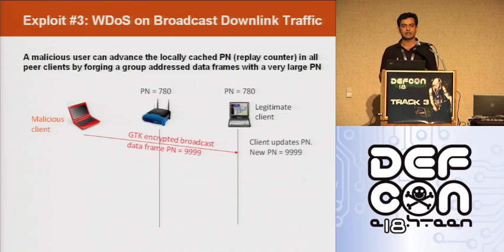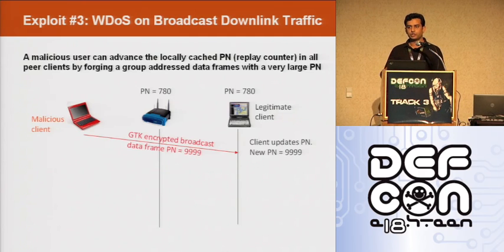At this point, the attacker is injecting a packet, because the attacker knows the GTK. He can create his broadcast frame and put any number of his choice. So he's going to put a number, let's say 9,999,949. The client is going to accept that packet because at the time of the replay detection check, it finds that the packet number is greater than the last successfully received packet number, which was 780.